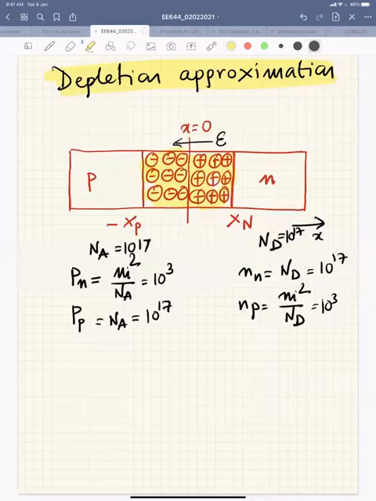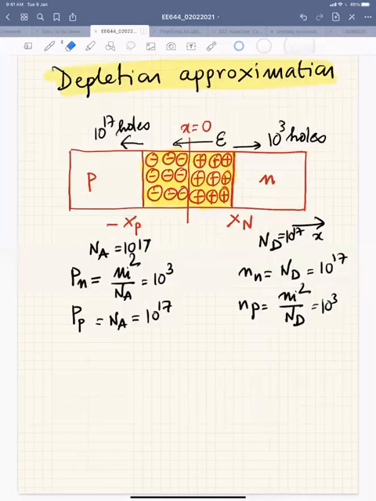So let's say this is my depletion region. On the left hand side of the depletion region, I have 10 to 17 holes. On the right hand side of the depletion region, I have 10 to 3 holes, right? But the concentration of holes cannot be discontinuous, so it is continuous. Your hole concentration is decreasing from 10 to 17 to 10 to 3 somewhere in the depletion region.